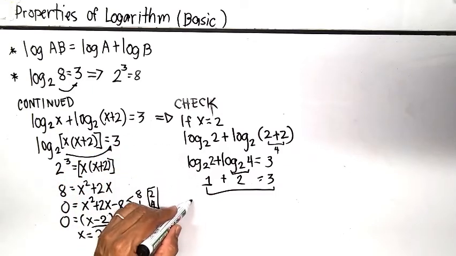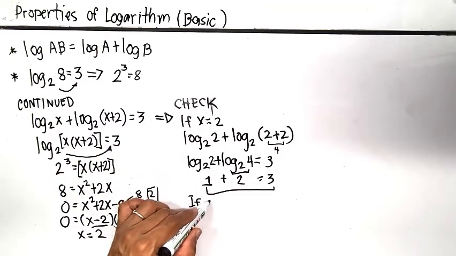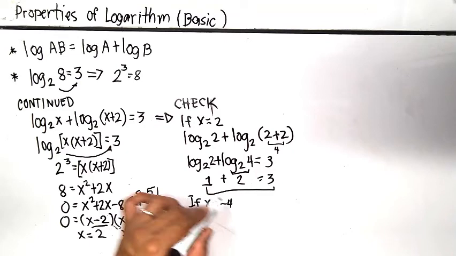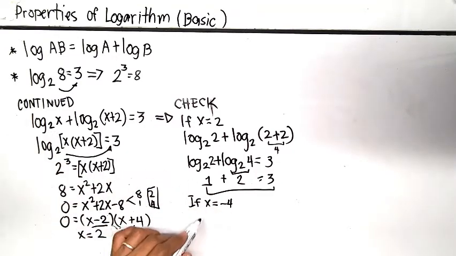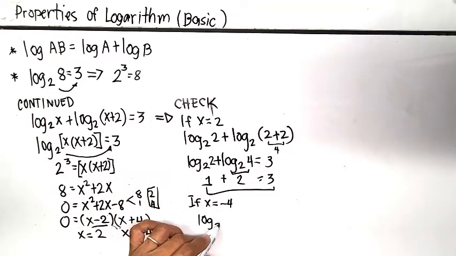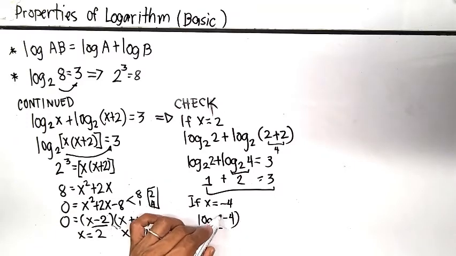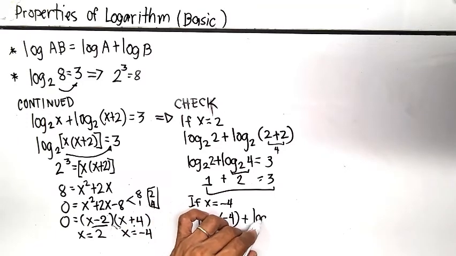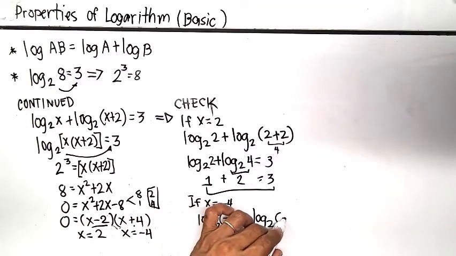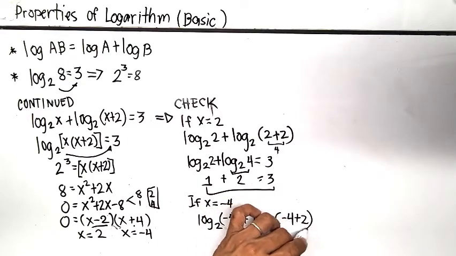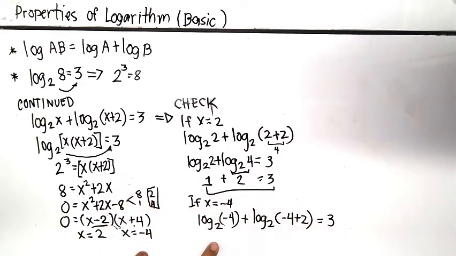Now let's check negative 4. If we plug in negative 4 here for x, you'll see that it's not possible to have a negative value for the argument in the logarithmic expression.